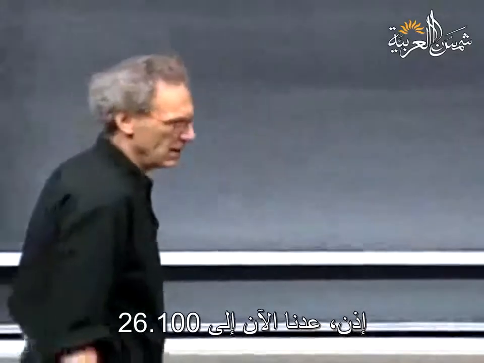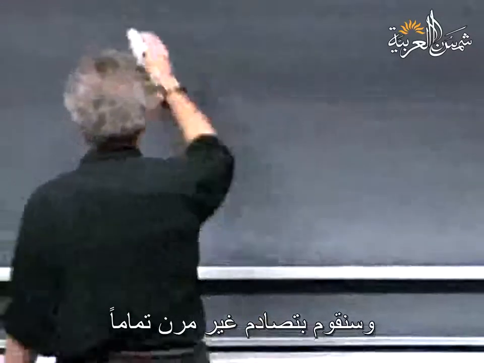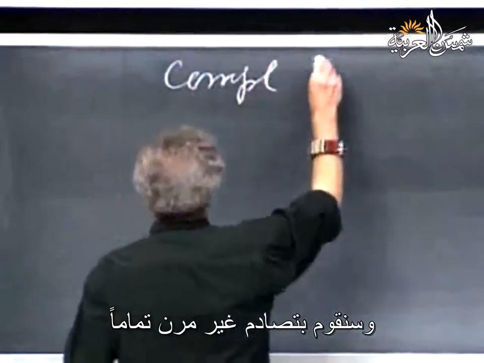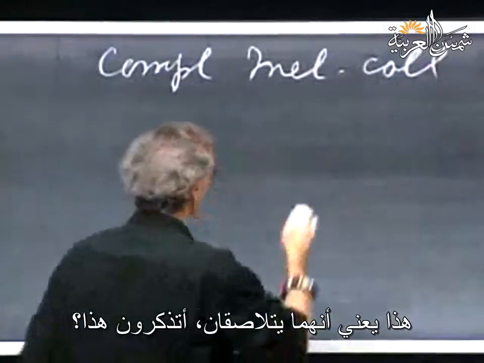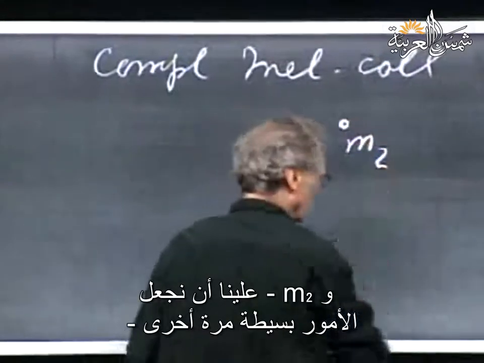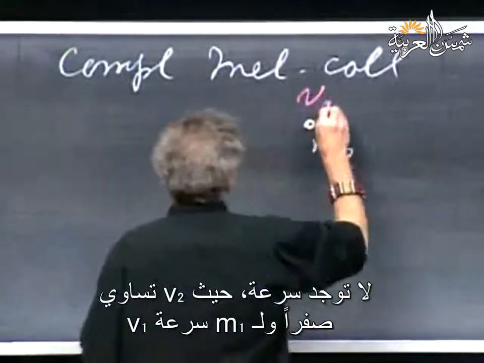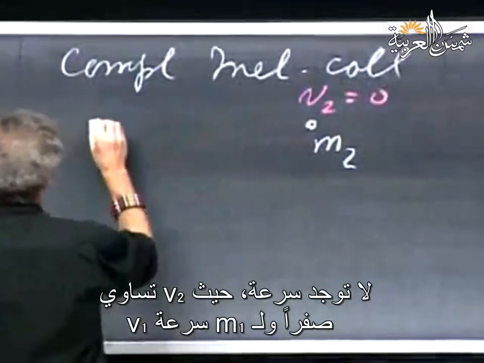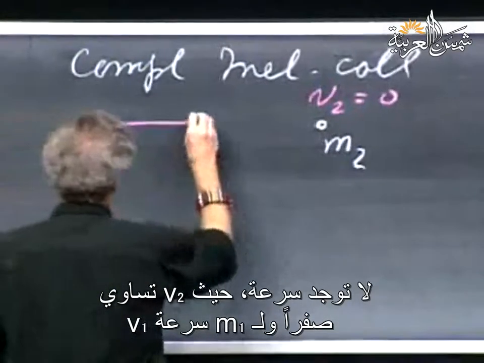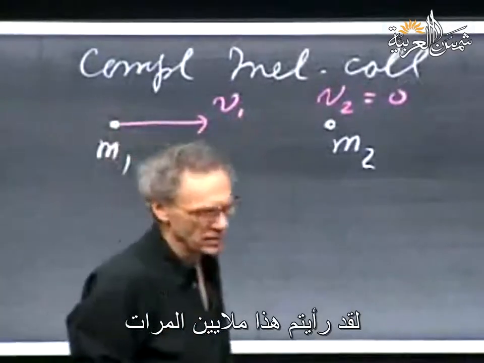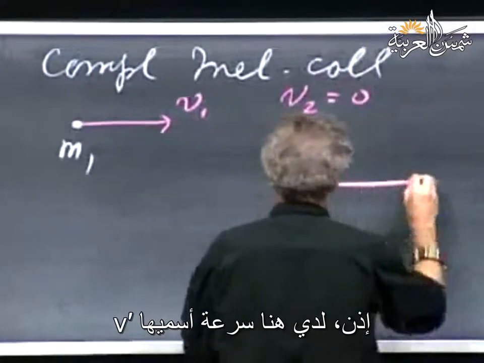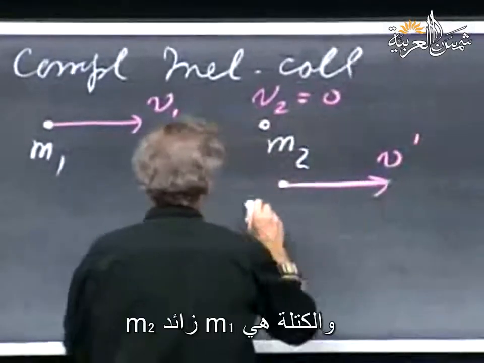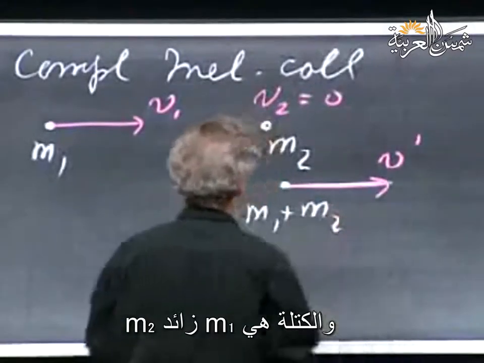So now we are back in 26.100, and we're going to make a completely inelastic collision. That means they stick together, remember? And M2, again to make life a little simpler, has no speed, V2 equals 0, and M1 has a velocity V1. You've seen this now a zillion times. They get together, they stick together, and so I have here a velocity which I call V prime, and the mass is M1 plus M2.